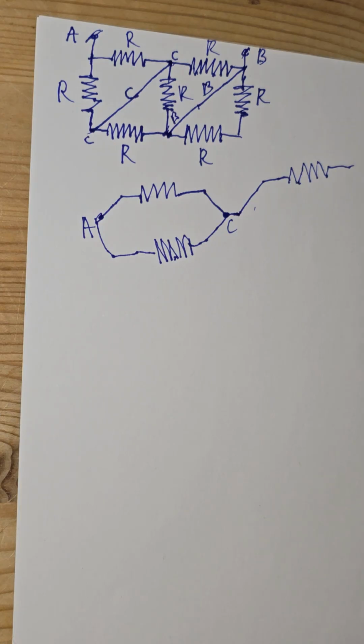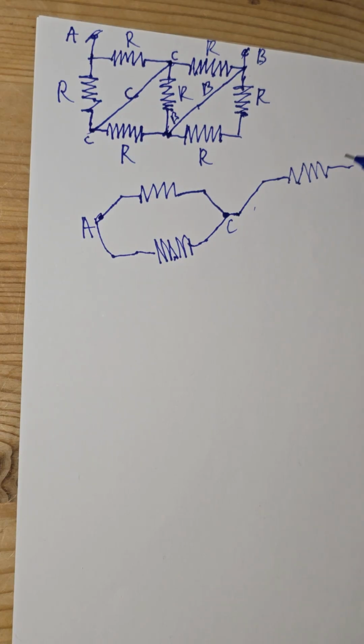The same for the other ends of these resistors: they must be connected to another same node. So one end is connected to one point, the other end to another point. This means that they are parallel.